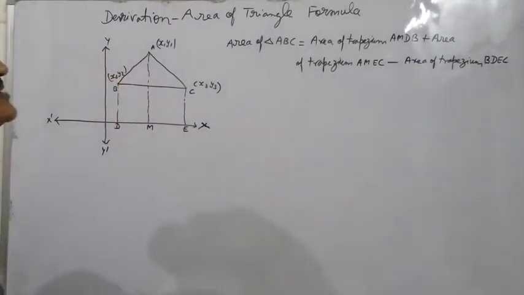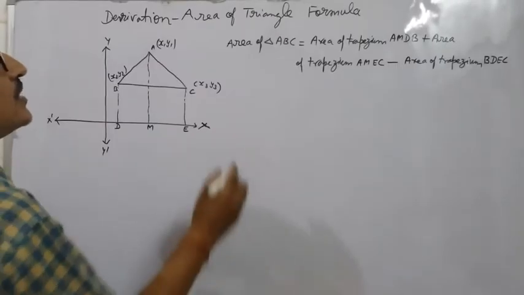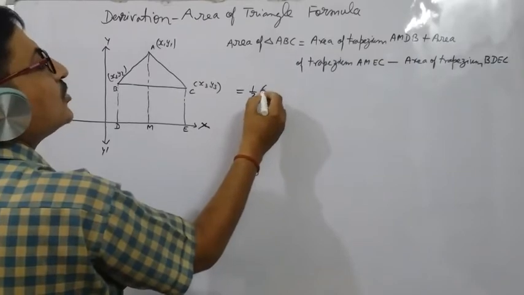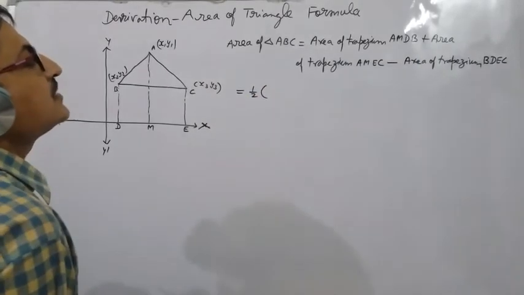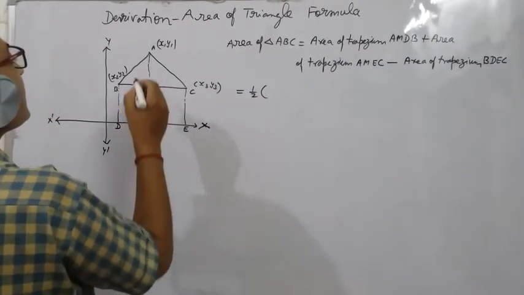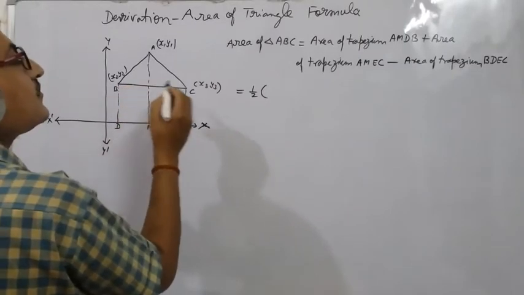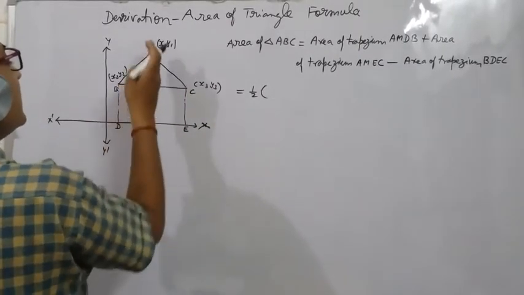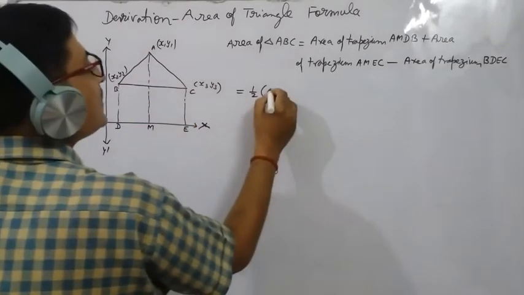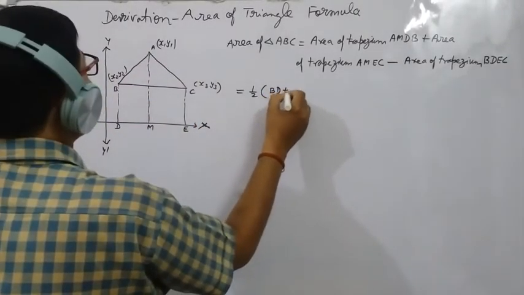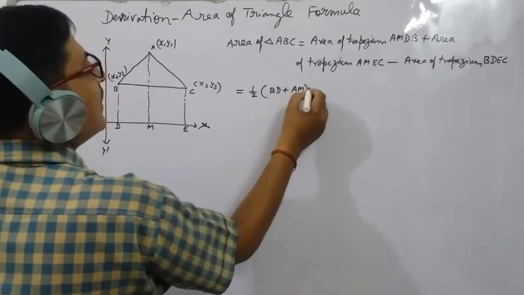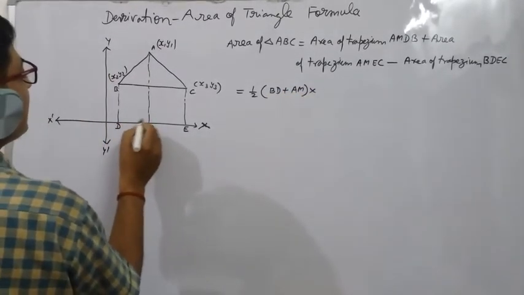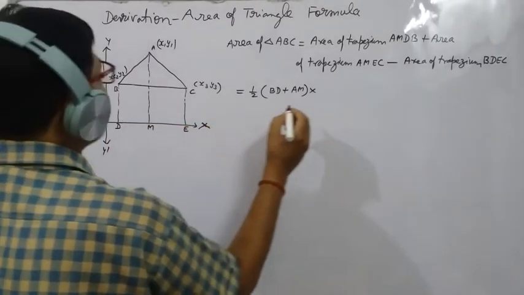These are three trapezium formulas. Area of the trapezium is 1 by 2 sum of parallel sides into height. In AMDB, BD and AM are parallel, so BD plus AM, and the height is DM because this is the perpendicular, into DM.